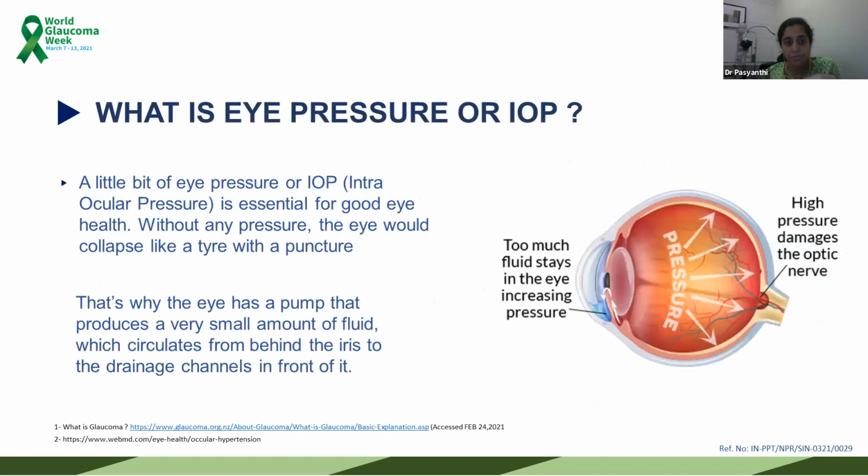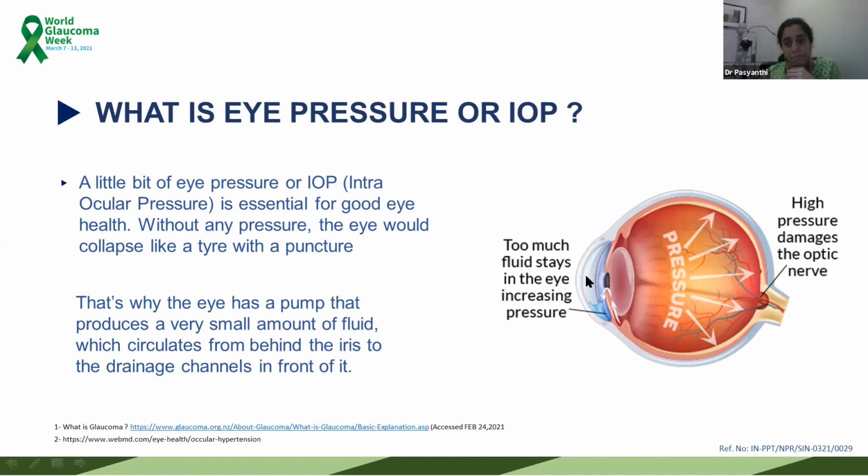What is this eye pressure? As we have already discussed, this is the pressure inside the eye. So why is there pressure inside the eye? Normal pressure is there because of the fluid inside the eye, which is produced by the part of the eye called the ciliary body. This fluid is pumped out, or exits the eye, through what is called the angle of the eye, from which the fluid goes outside and is absorbed into the blood.